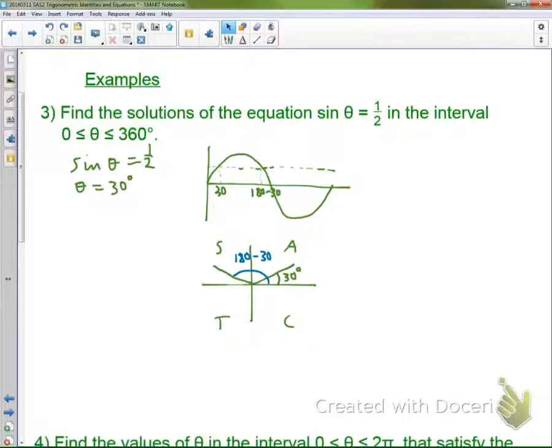So our second solution is 180 minus 30, or in fact 150 degrees. It's worth writing out each of your solutions like so, and giving the units. In this case we just had two solutions.